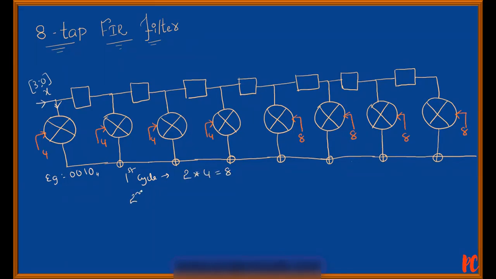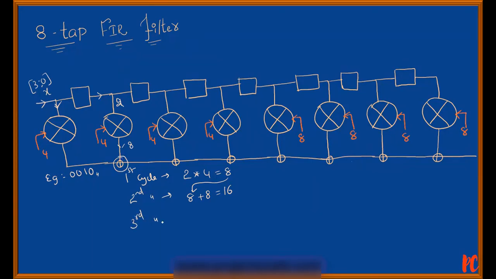For the second cycle, the same input is going to multiply with 4 again, giving 8, and this time it will be 8 plus 8, which is nothing but 16, since it performs the addition here.